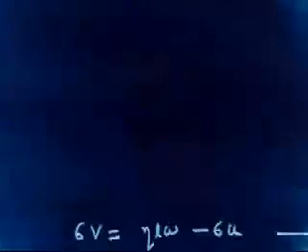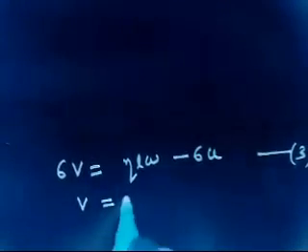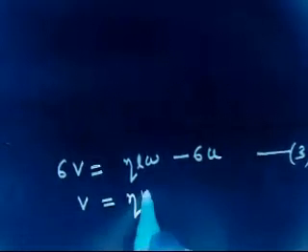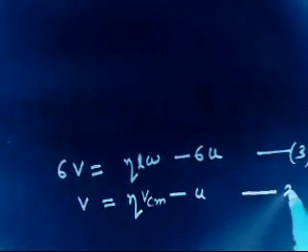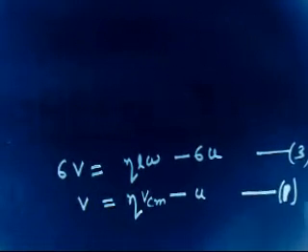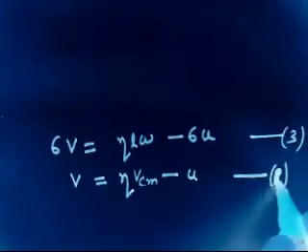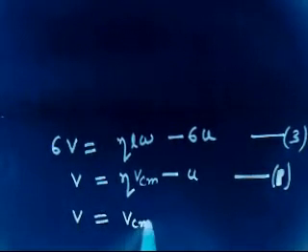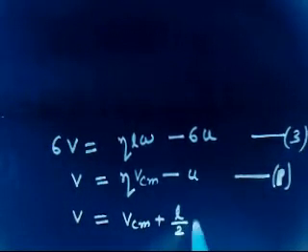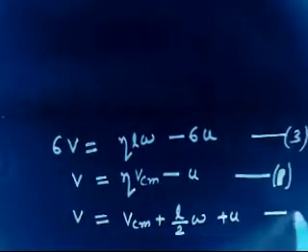Let me check, is there a mistake? No, it's right. So this is my equation number 1. You can write equation number 2 also. Equation number 2 is v equals VCM plus L by 2 omega plus u.